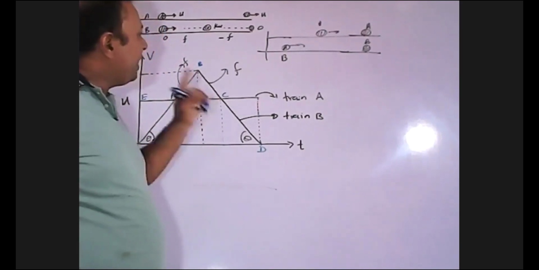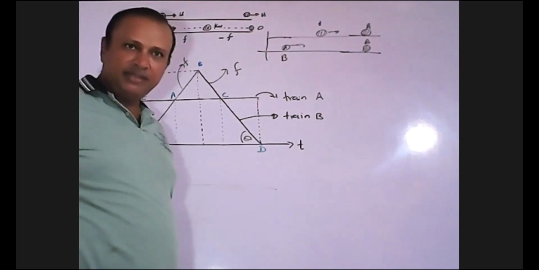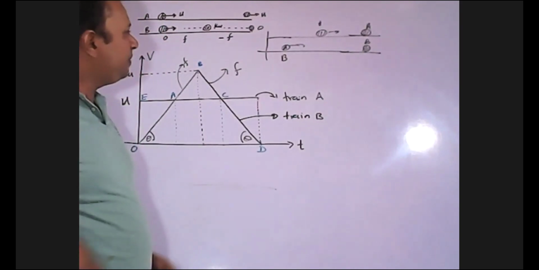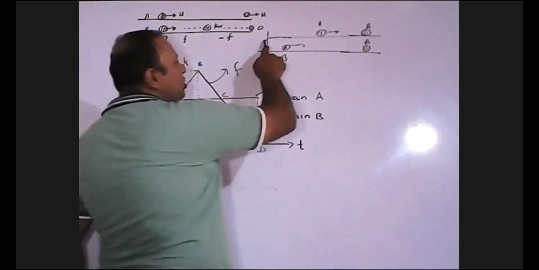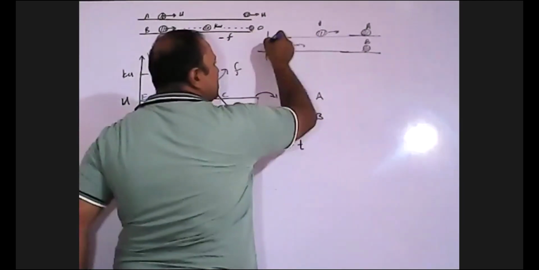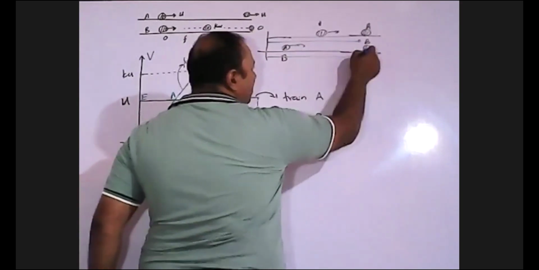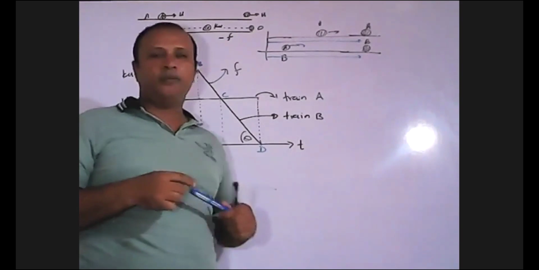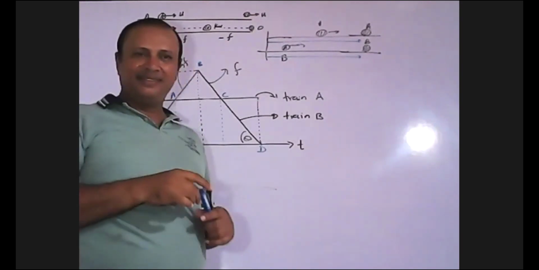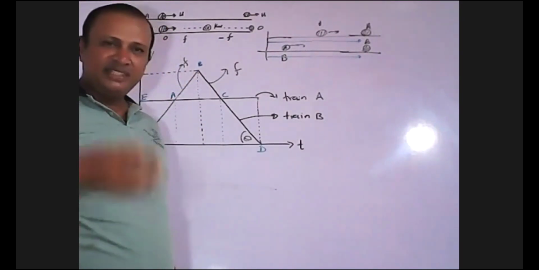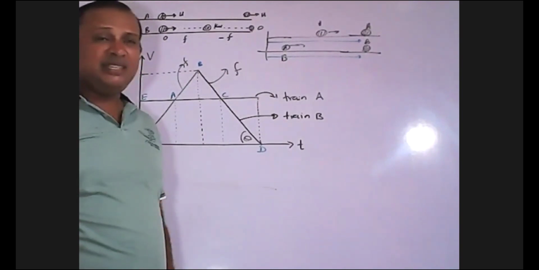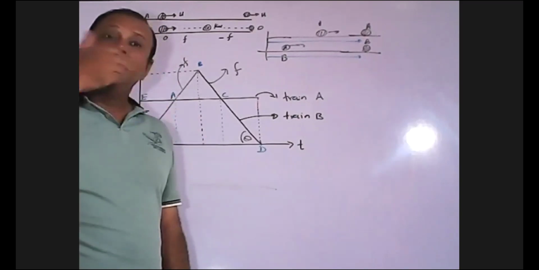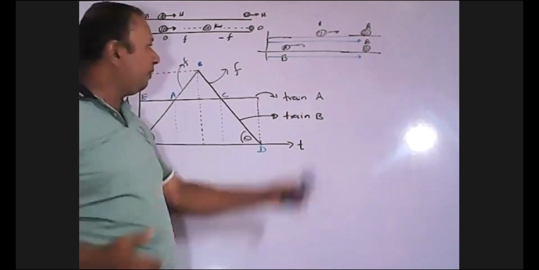Definitely, when A passes B, when B passes A, when B passes C, the travel displacement should be equal for both trains. Yeah. That is the requirement. The travel distance, because they have started their journey from the same point.